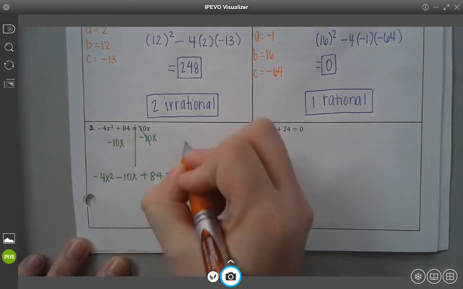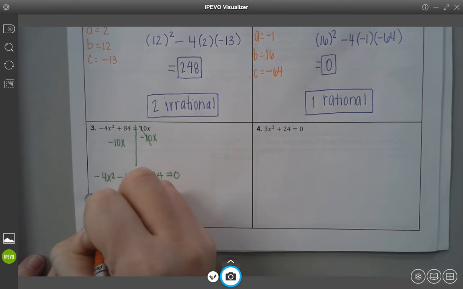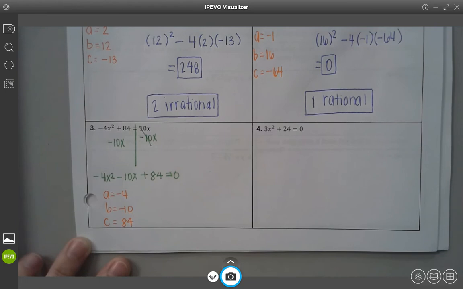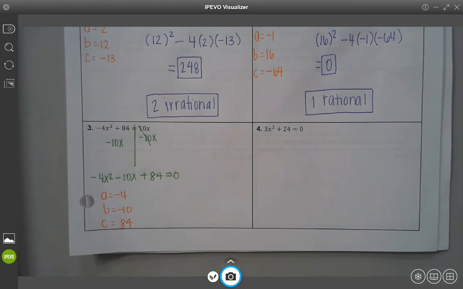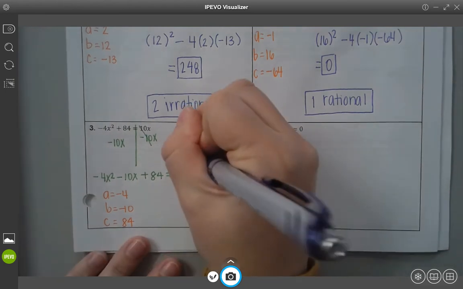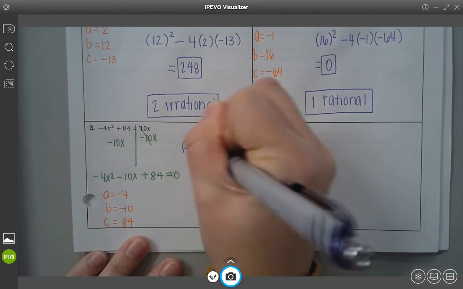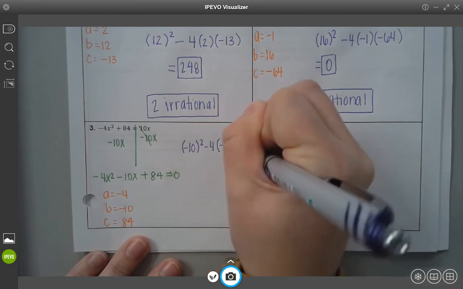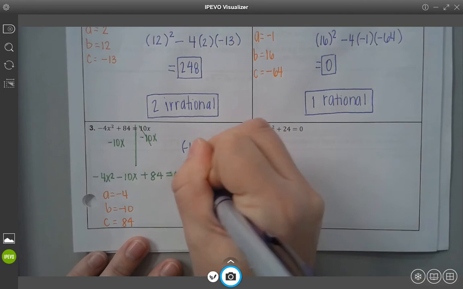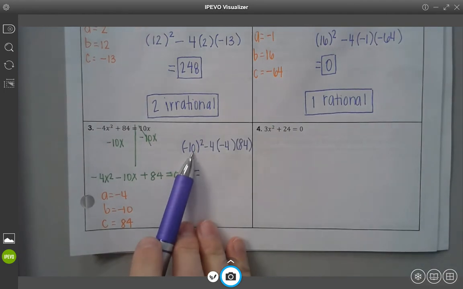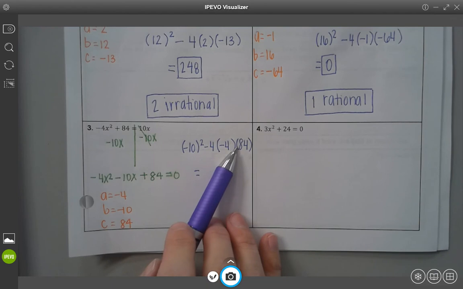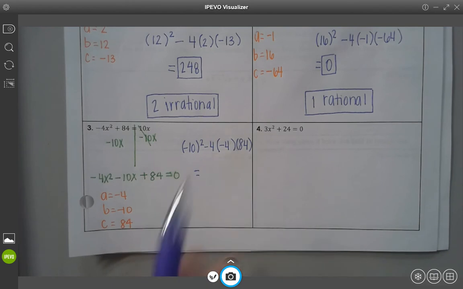So now, what is A? B? And C? 84. So we get negative 10 squared minus 4 times negative 4 times 84.